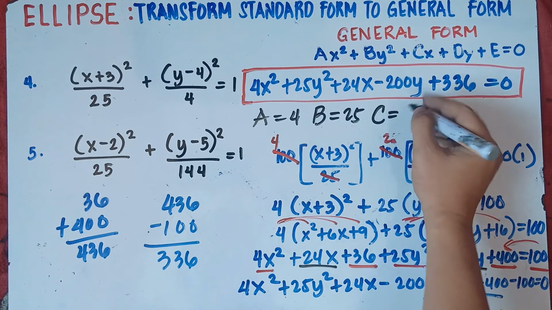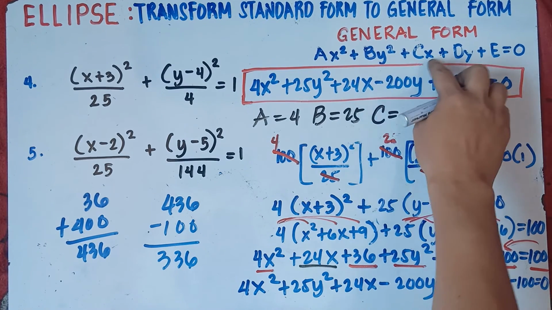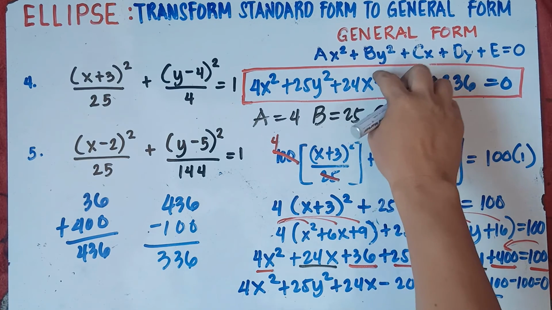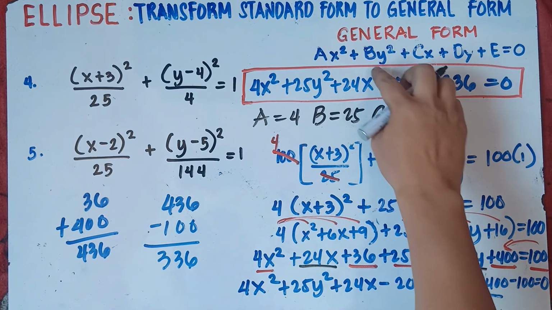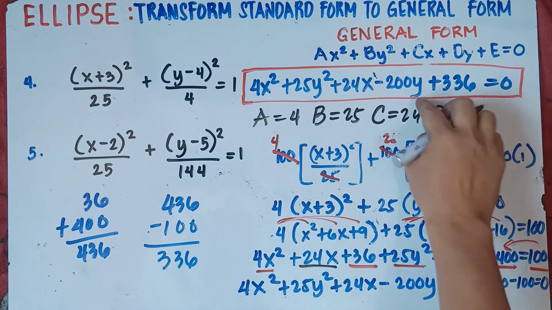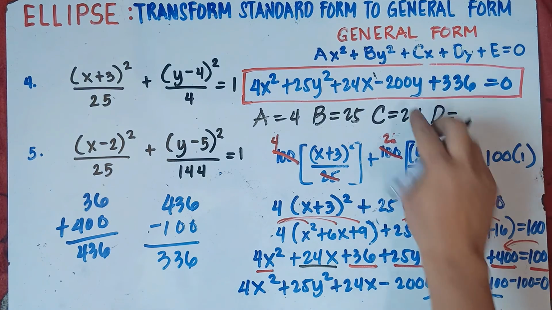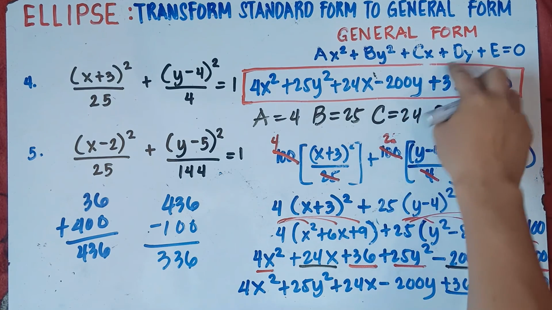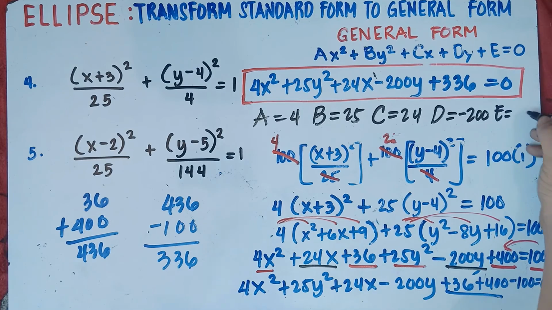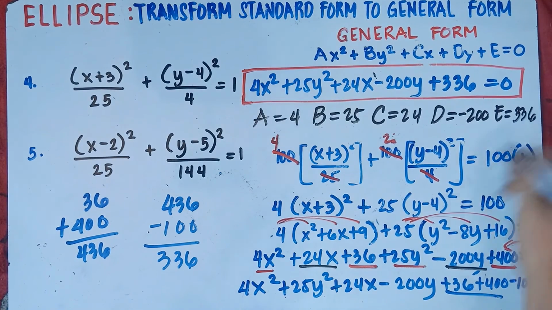Our C is beside x with the exponent of 1, cx. Exponent of x here, class, is 1. So our C is 24. Our D is beside y with the exponent of 1. So our D is negative 200 and our E is positive 336.